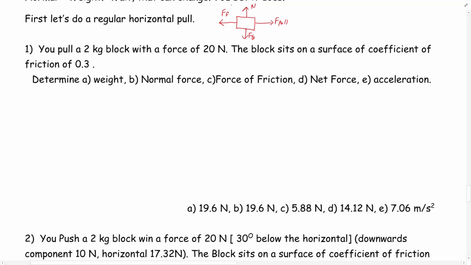Okay, and if it is going to move, it's going to move that way. Acceleration will be that direction. There's my free body diagram.